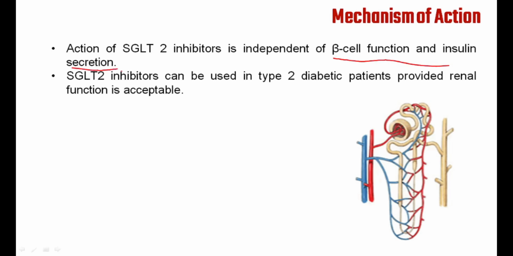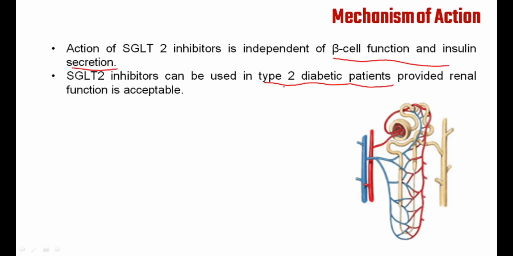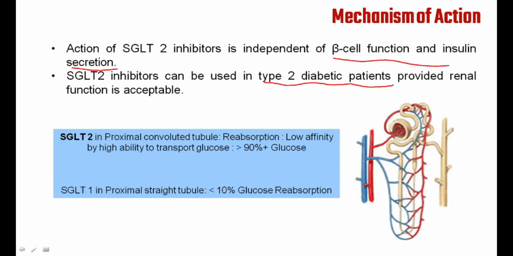That means they do not have any effect on beta cell function or insulin secretion like the sulfonylureas, meglitinides, or metformin. SGLT2 inhibitors can be used in type 2 diabetic patients, provided the renal function is acceptable.